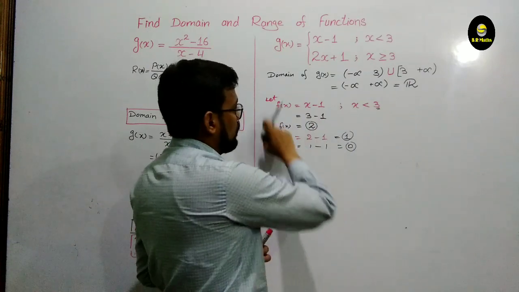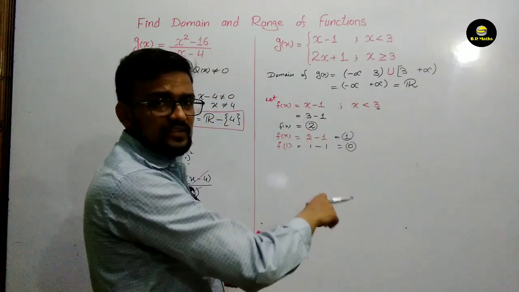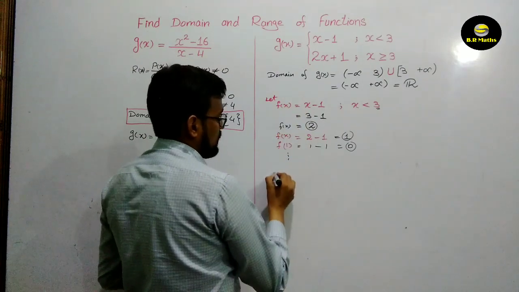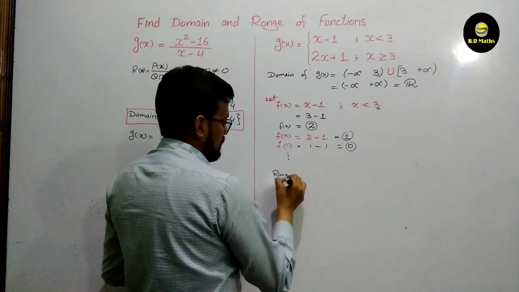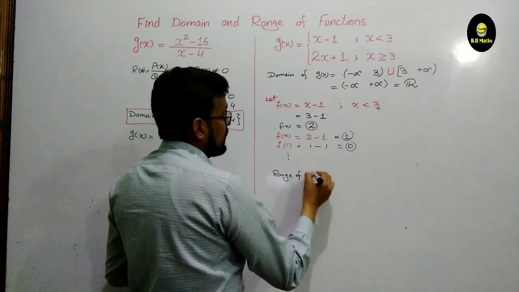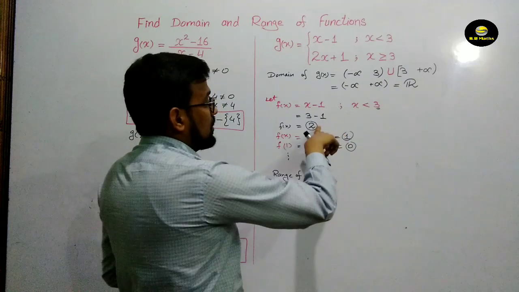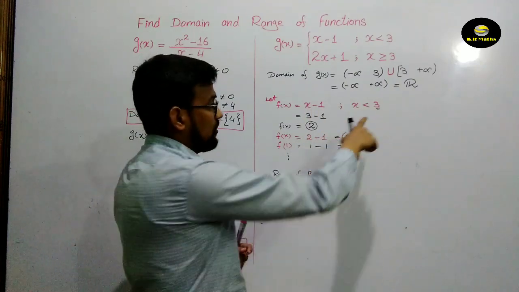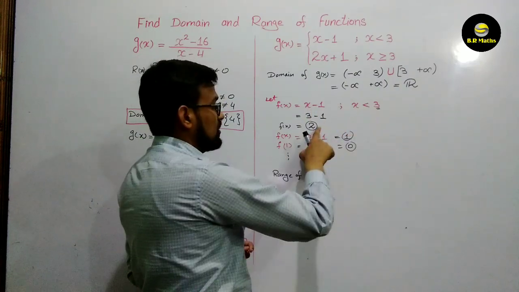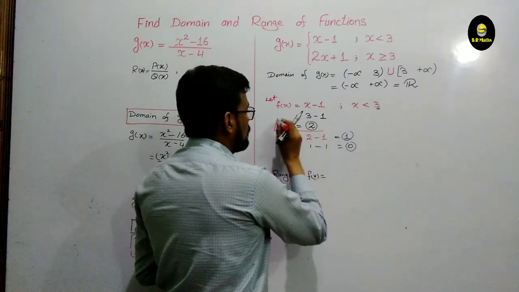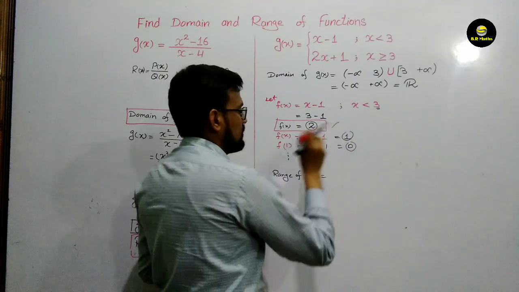Okay, so from this function x minus 1, the range of f of x is everything except 2, because 3 is not included, so the result 2 is not included in the range.